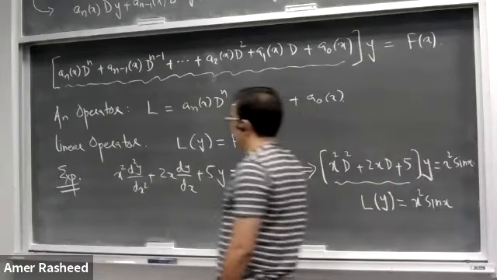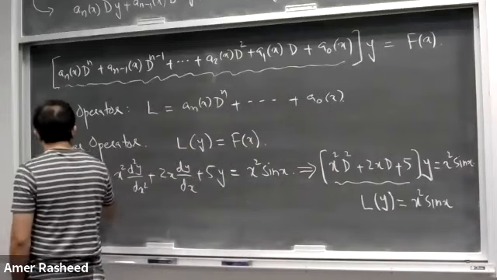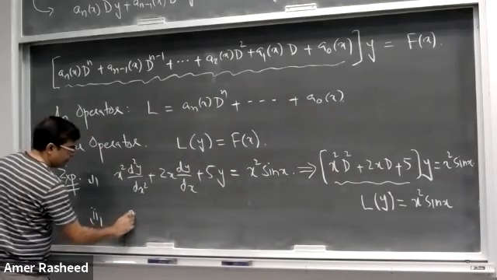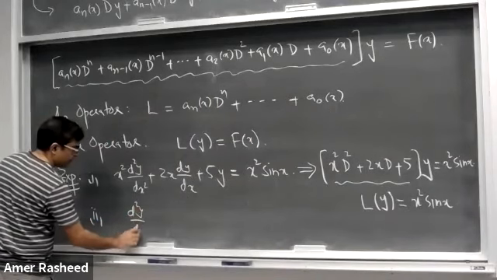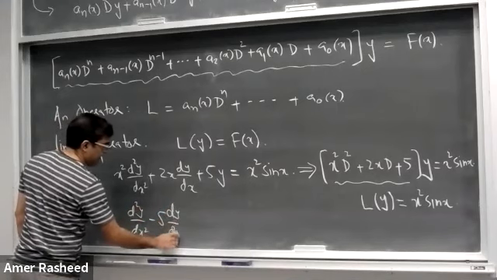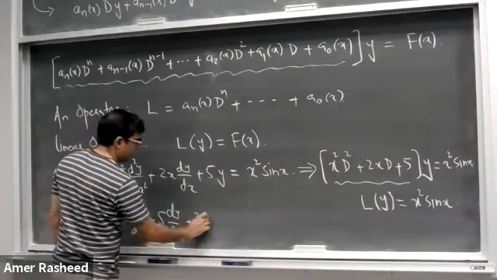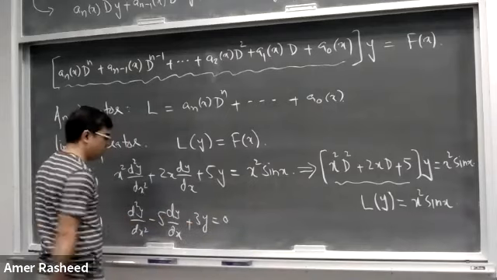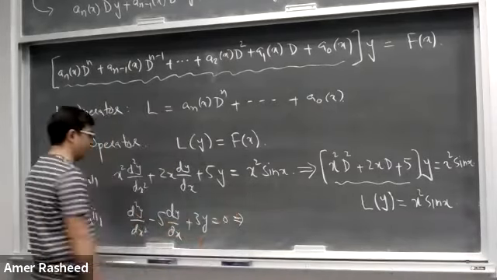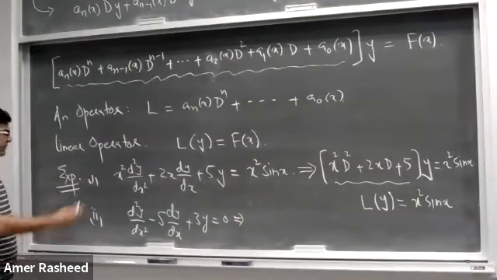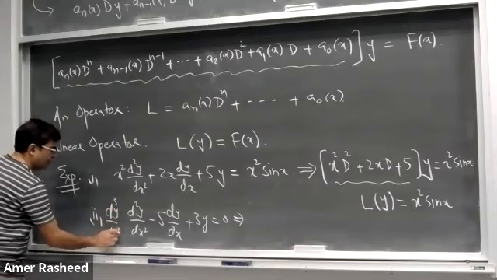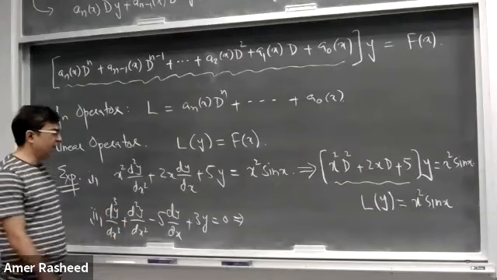Similarly, another example could be d square y by dx square minus 5 dy by dx plus 3y equal to 0, which is a homogeneous equation, second order. It can be third order as well: d cube y by dx cube plus this thing.